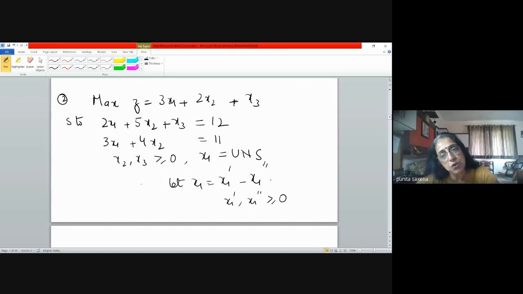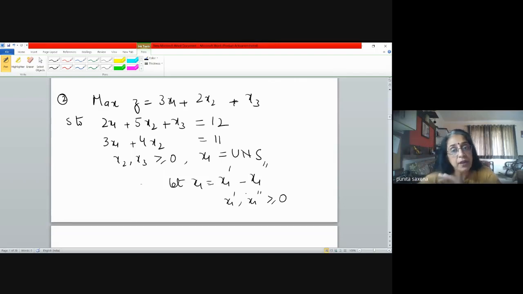So if it becomes a non-basic variable, that means its value in the optimal solution will be 0, right? But supposing your z becomes optimal with a negative value of x1. So in that case, x1 dash will become non-basic and x1 double dash will become basic. So x1 dash will be 0. So what will x1 be then? 0 minus something, which will be negative.